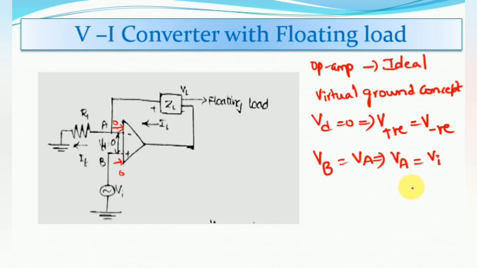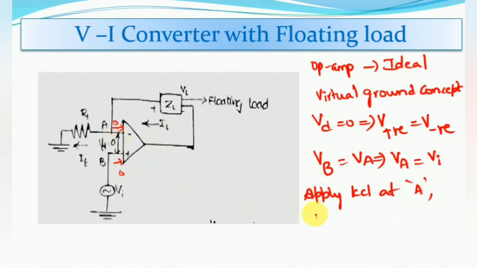Okay, now simply apply KCL at node A. If you apply KCL at node A, what is the entering current? The load current IL is the entering current and the leaving current is I1 from that node A. We know that the sum of entering currents is equal to the sum of leaving currents at a KCL point.